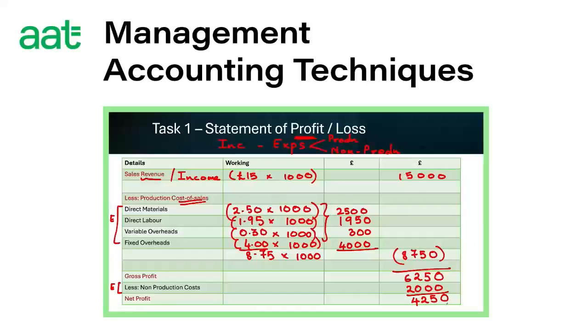Now, if I want to know what is the profit per teddy bear, you probably guessed this already. All I need to do is divide that by 1,000. Now, at level 3, they might not necessarily give you this pro forma for you to work through. But as long as you know income minus expenses is what you need to take into account, then that's it.